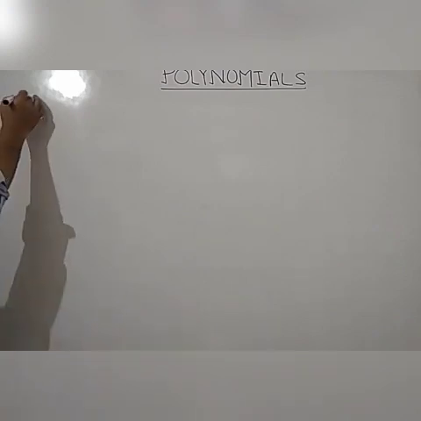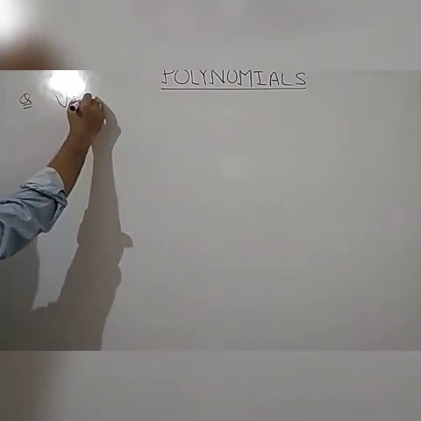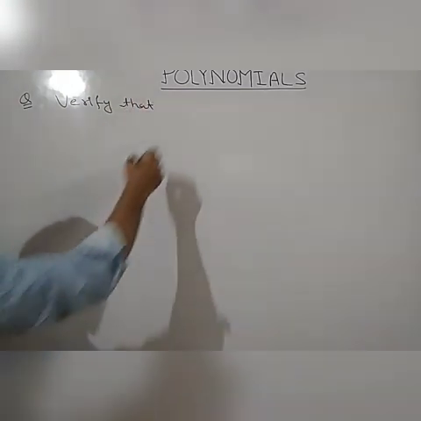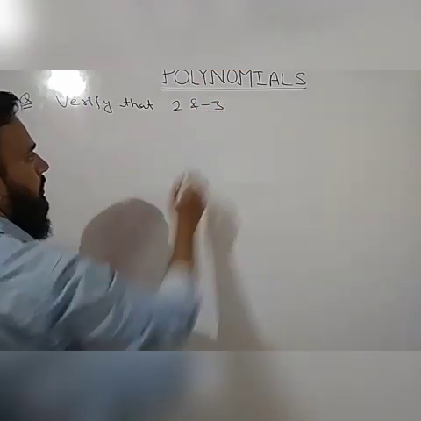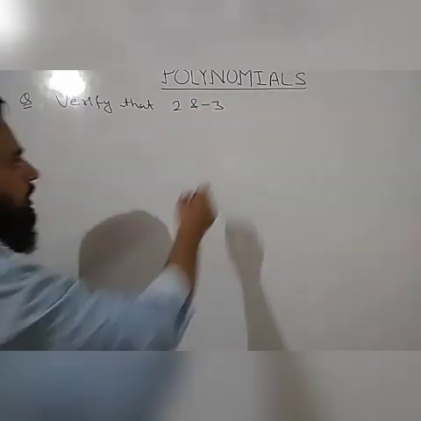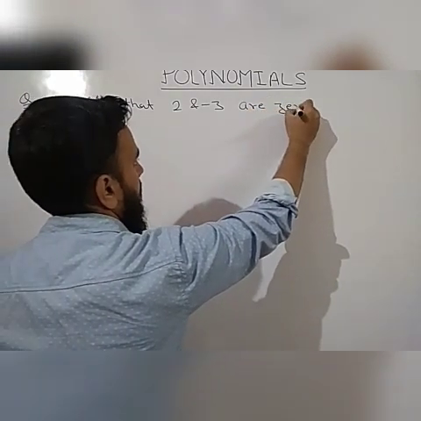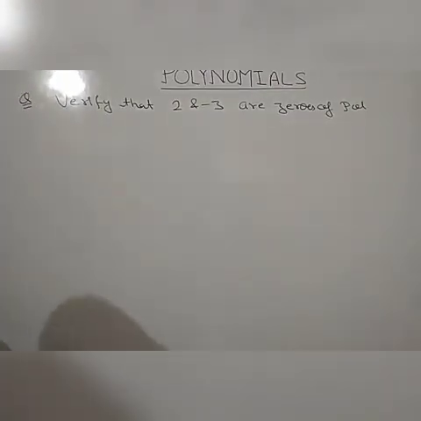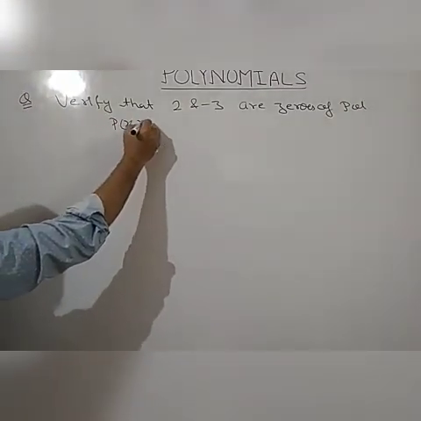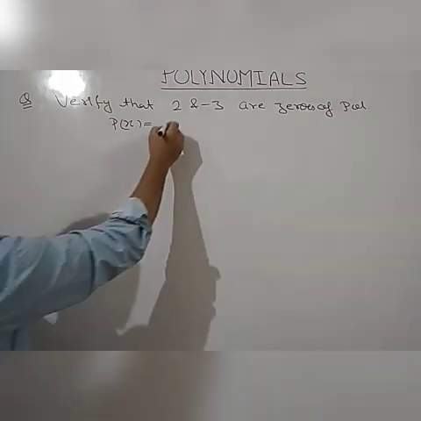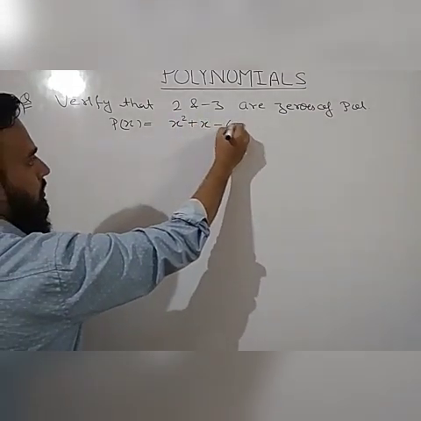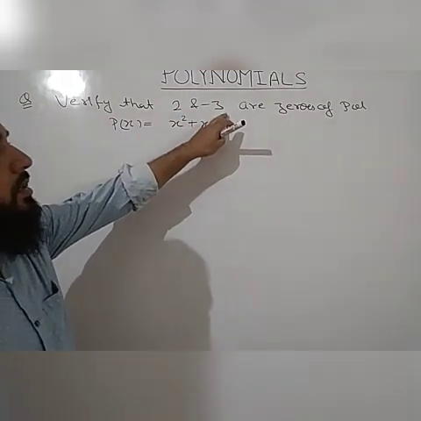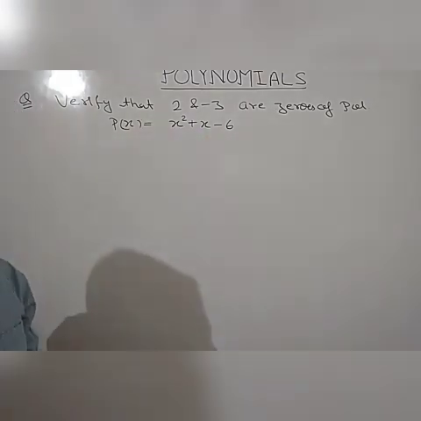So suppose we have been given a question: verify that 2 and minus 3 are zeros of the polynomial p(x) equal to x square plus x minus 6. Now you have to verify that 2 and minus 3 are the zeros of this polynomial.